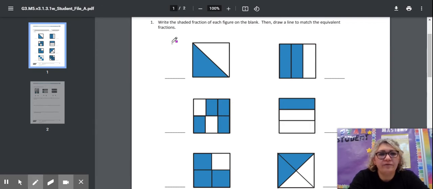So here we have 1/2, right? Over here we have 2/3. Right here we have 4/6. Over here we have 1/3.